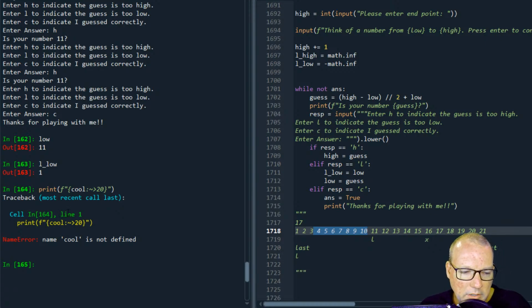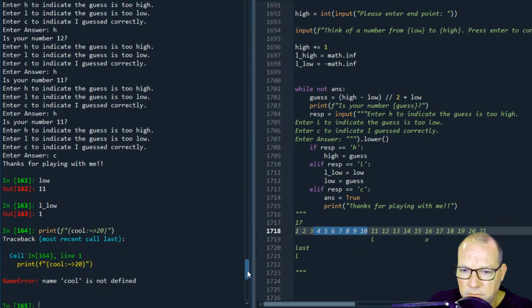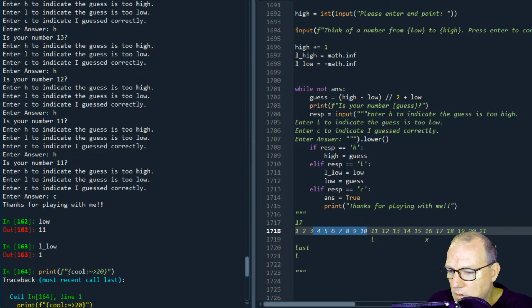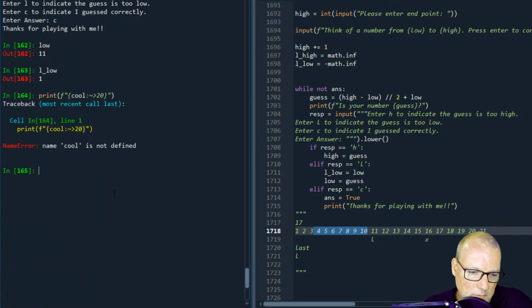Oh, what we're working on is a guessing program, for if we're getting bad input from the user. So, okay. Cool is at, I don't know, 10 million? Okay. Cool equals 1, 2, 3, 4, 5, 6, 7. There we go.